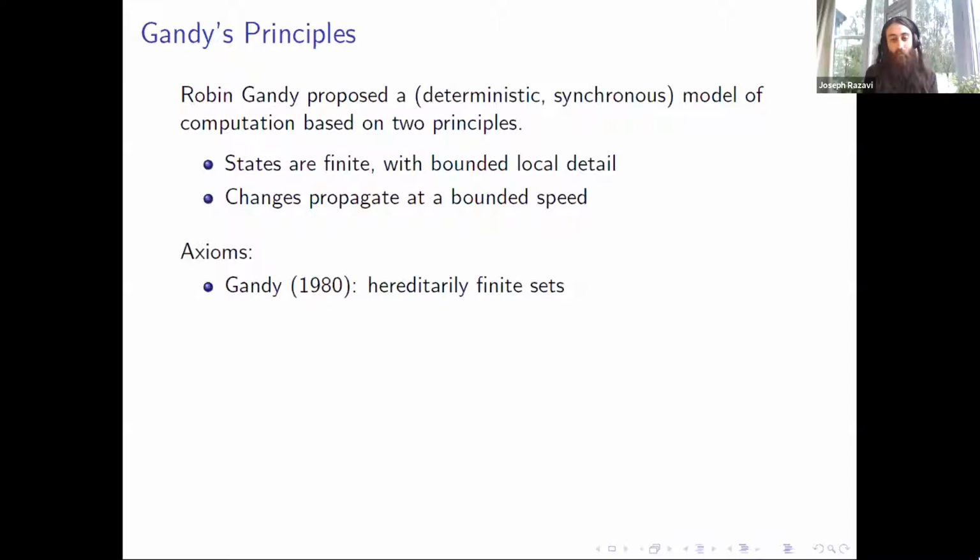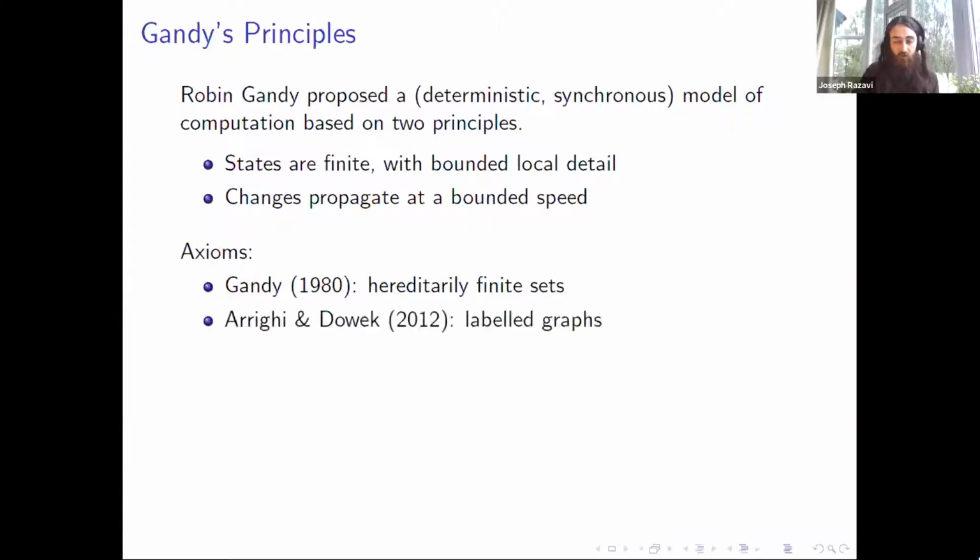And an important feature is that he has a countable number of atoms in his set theory, which kind of act like coordinates. And there's a very delicate and sophisticated treatment of coordinate invariance, because of course your coordinates can't be part of your bounded local detail, so the dynamics has to be invariant. But people who have worked on these ideas subsequently have tended to pick particular structures.